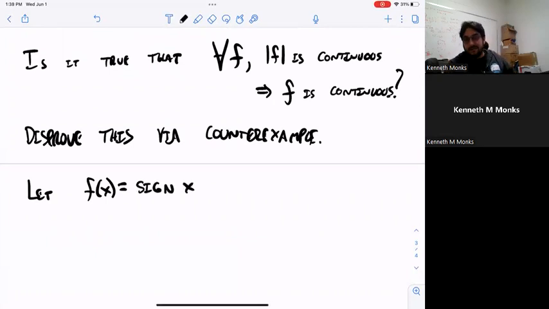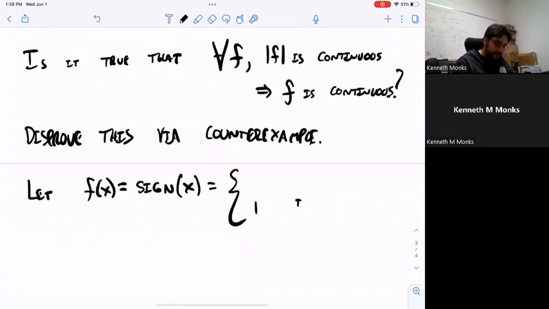I'm going to construct the sign function of x, right? And when I mean sign, S-I-G-N, not S-I-N-E, right? What I mean is it's just a function that's 1 if x is positive, and I'm going to actually say greater than or equal to 0, right?